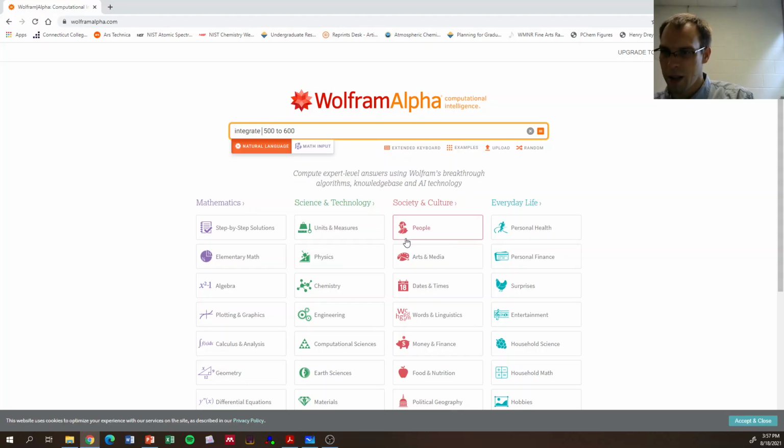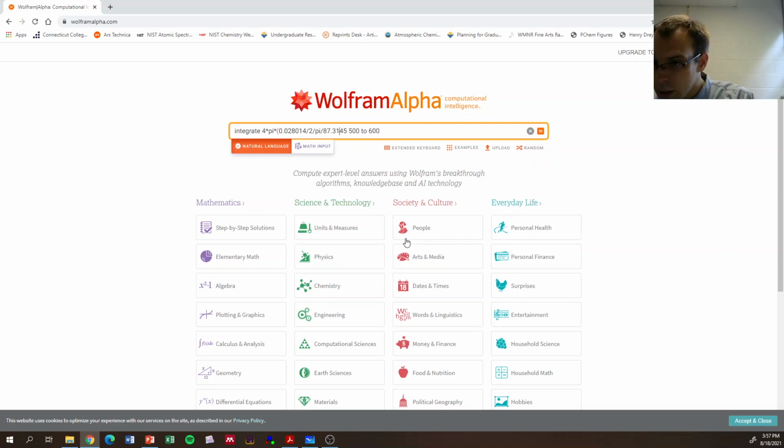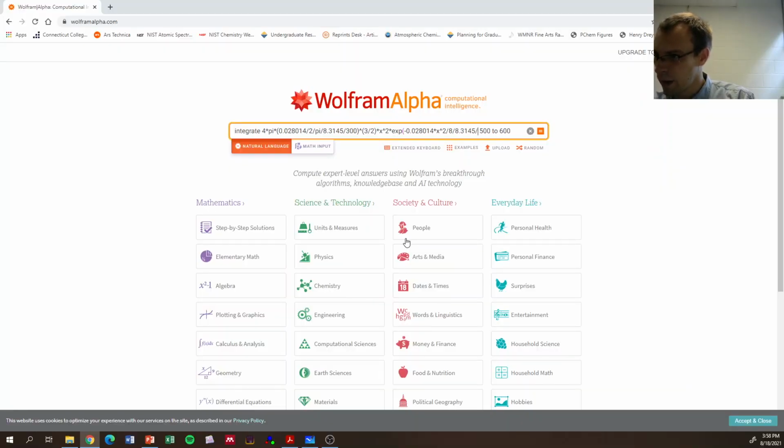So 4 pi, 4 times pi, thankfully Wolfram already knows what pi means, times 0.028014 divided by 2 divided by pi divided by 8.3145 divided by 300 raised to the 3 halves times x squared times exponential of negative 0.028014 times x squared divided by 2 divided by 8.3145 divided by 300. I forgot the u squared, and we'll call u x just for simplicity's sake.